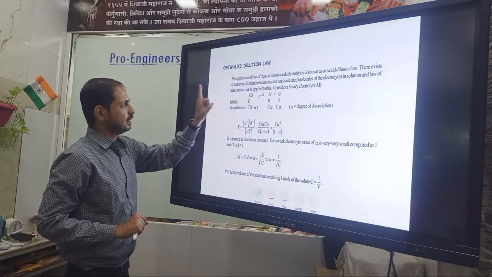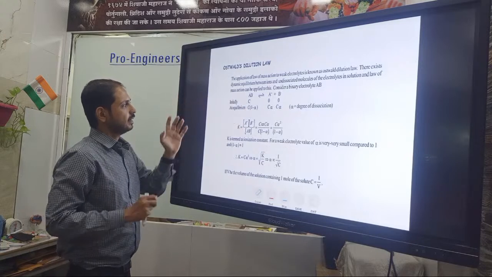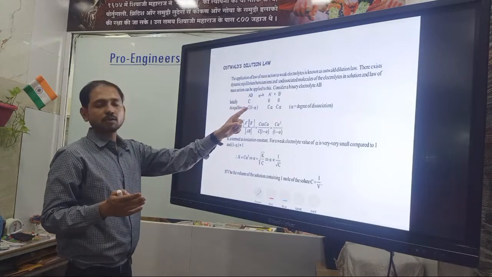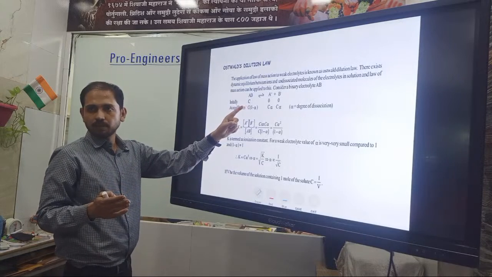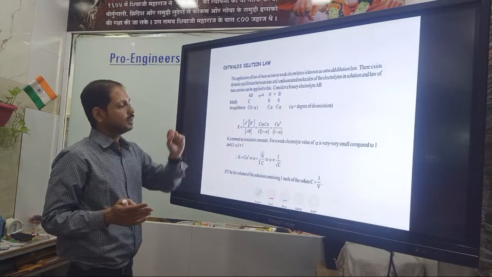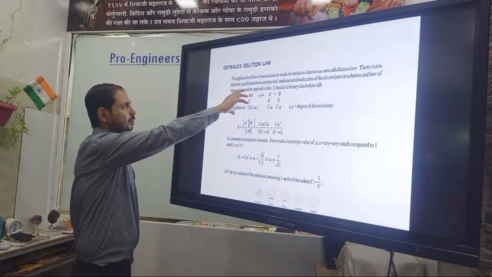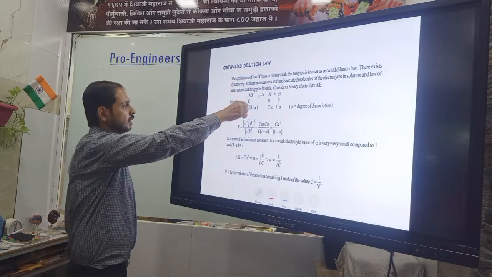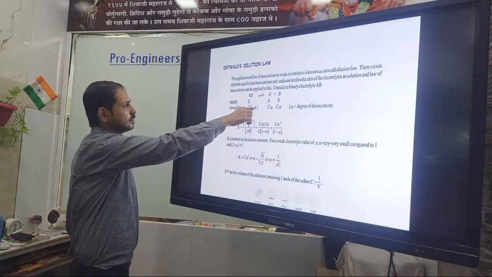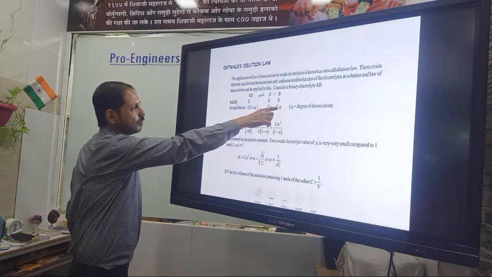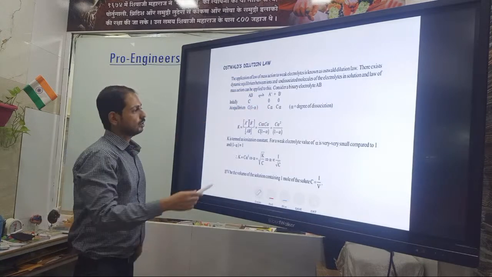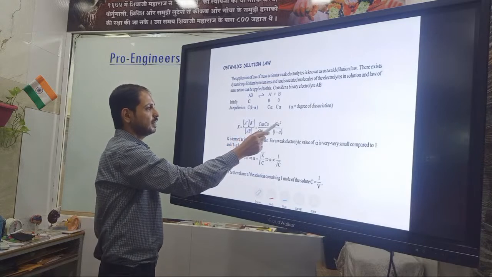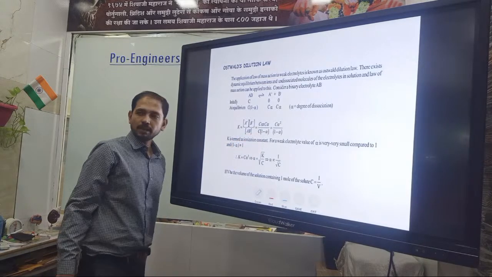So 1 is the initial AB, and let's say 50% undergoes dissociation, so alpha is 0.5. Then 1 minus 0.5 is 0.5, so 0.5 into C remains. Similarly we can write C alpha, C into 1 minus alpha, and K equals C alpha square by 1 minus alpha.